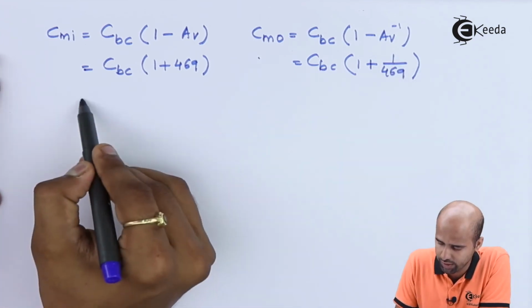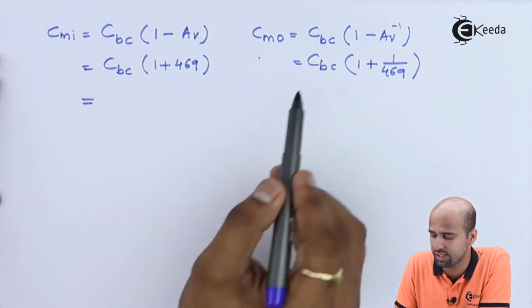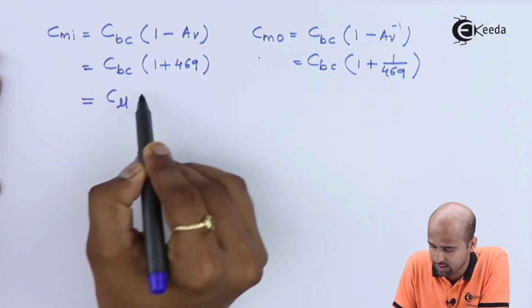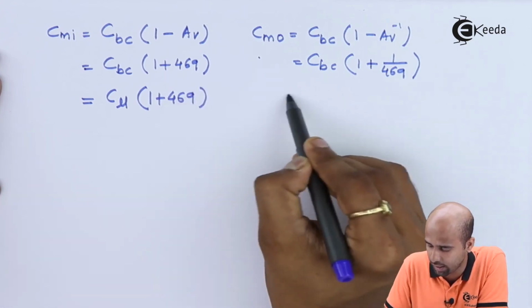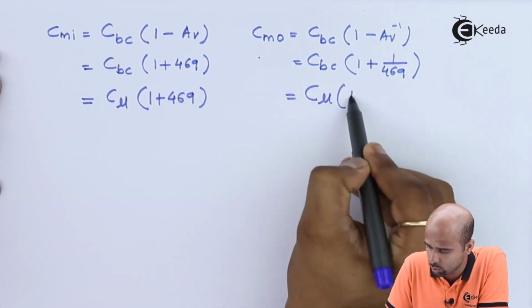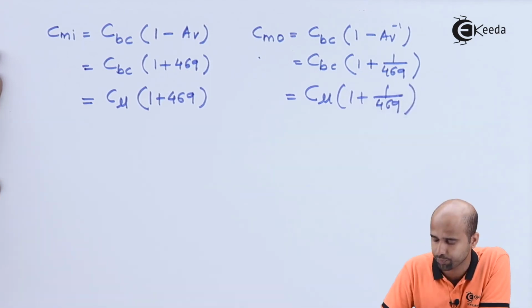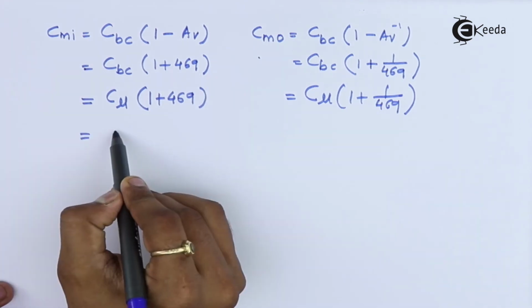Just try to calculate all these values CMI and CMO. This is because CBC is given, and that CBC is nothing but C mu 1 plus 469. Again I am writing C mu 1 plus 1 upon 469. Take a pause of 2 minutes, calculate this CMI and CMO, and again come back.